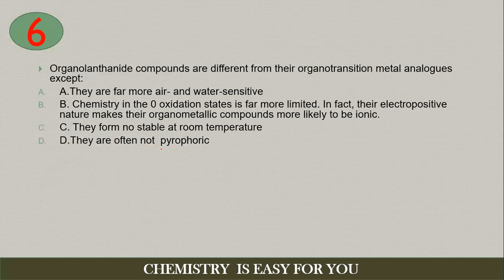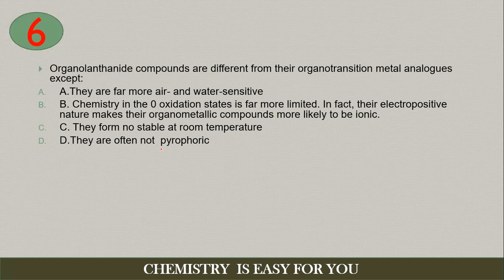Now towards the sixth question. Organolanthanide compounds are different from their organotransition metal analogs except. So what do we mean by organolanthanide and organotransition? Initially, let me just explain that. We know that organometallic compounds means there will be a metal and then some organic substituents or some components of organic compounds.